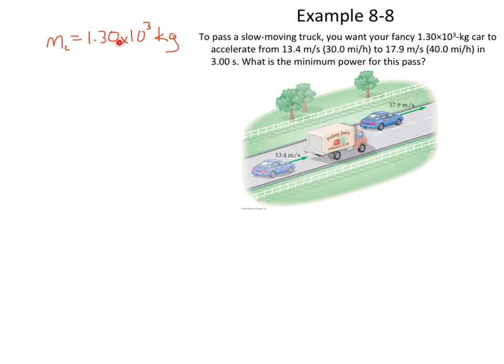You want this 1,300 kilogram car to accelerate from 13.4 meters per second, which sounds like an initial velocity. Ignore the miles per hour because that's English units. From 13.4 meters per second to 17.9 meters per second.